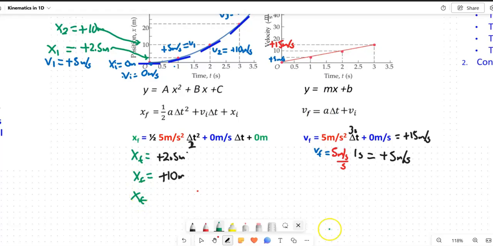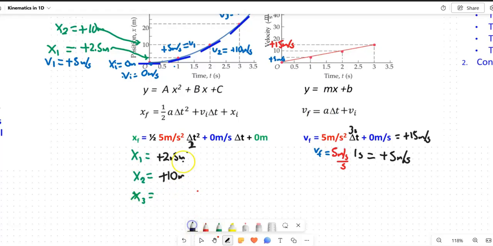And let me just realize I should probably do this. So I'll call that 1, I'll call that 2, and I'll call this 3. Yeah. So this is 1, this is 2, this is 3.